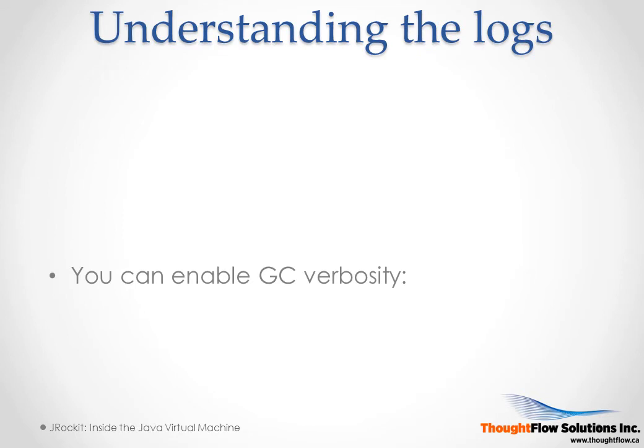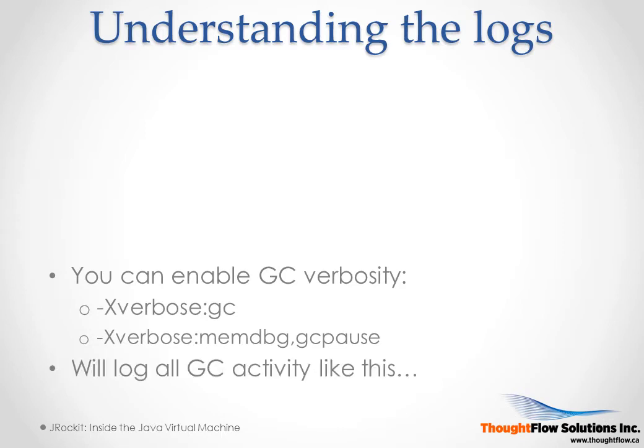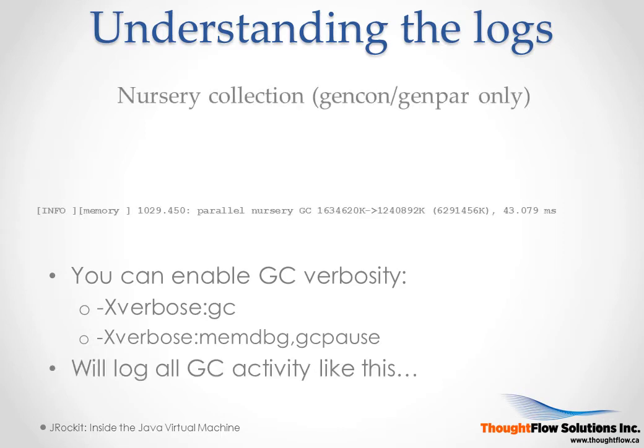So you can also enable garbage collection verbosity with these parameters, and you will get something looking like this. This applies obviously to the generational types, so it could be GenCon and GenPar.